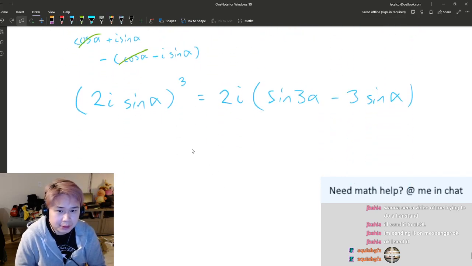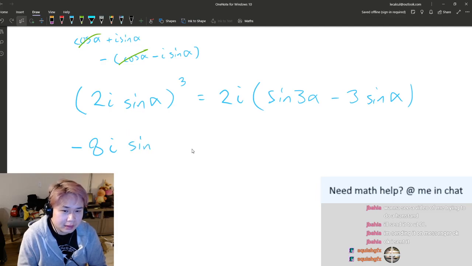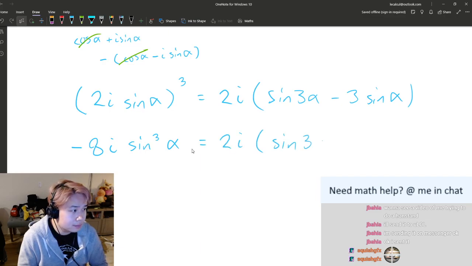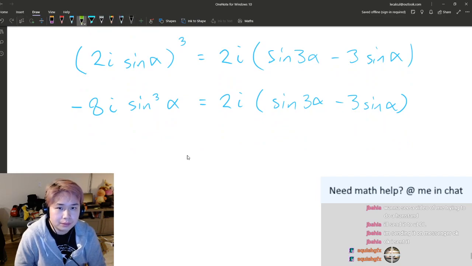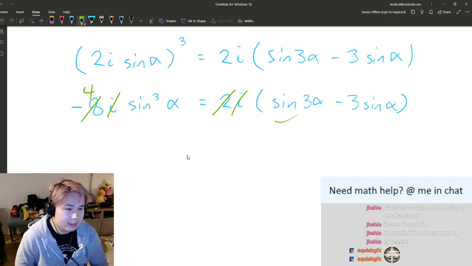Okay, so then the cube becomes negative 8i sine cubed alpha, and then we're almost there. So the i's cancel out, the 2 divides over here, so this becomes 4. And then we isolate for sine 3 alpha, and then you're done, I think.